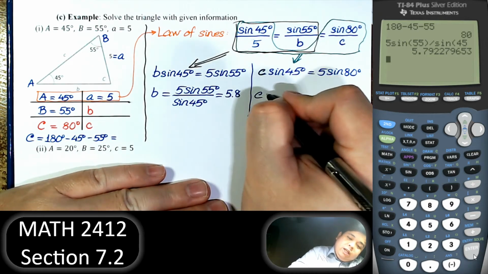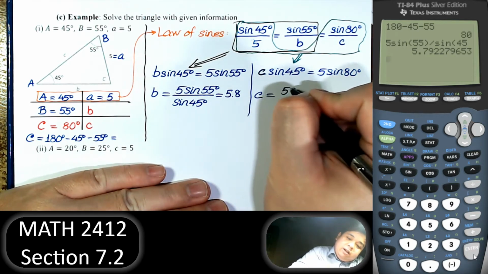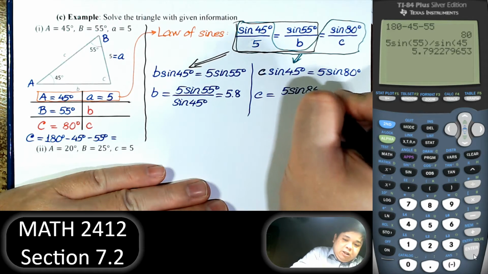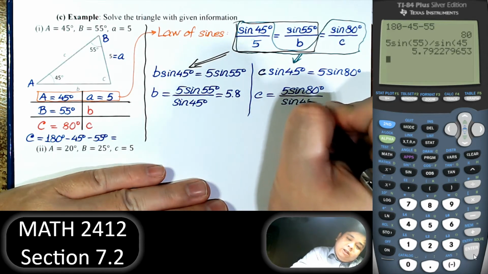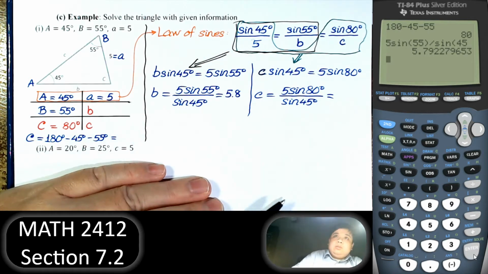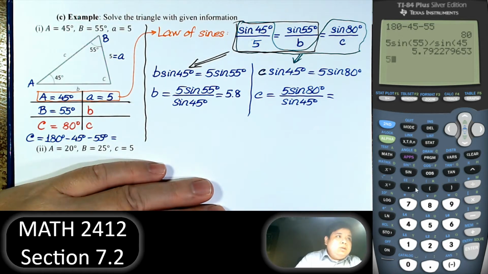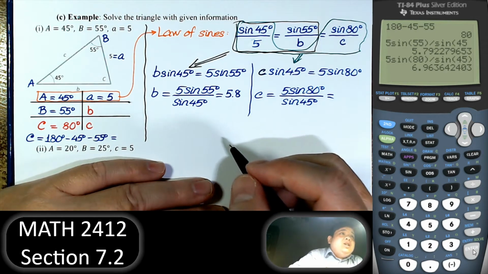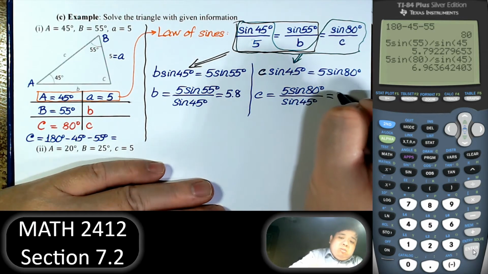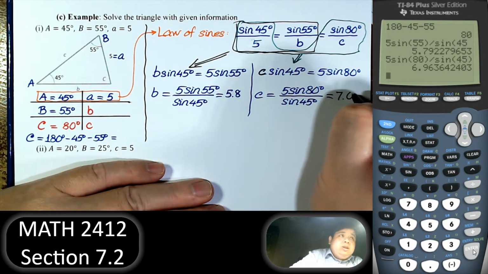So c is 5 sine of 80 degrees divided by sine of 45 degrees. I have 6.96, so with one decimal place, it is 7.0.